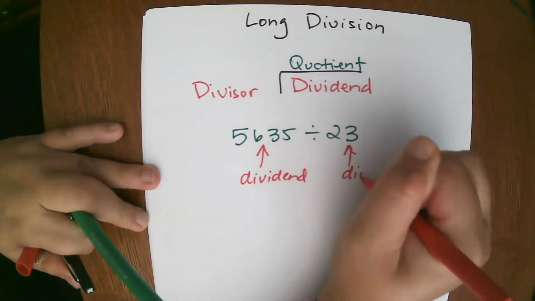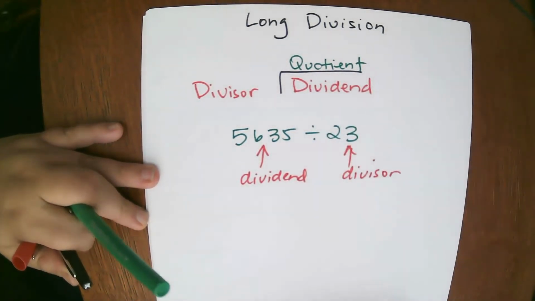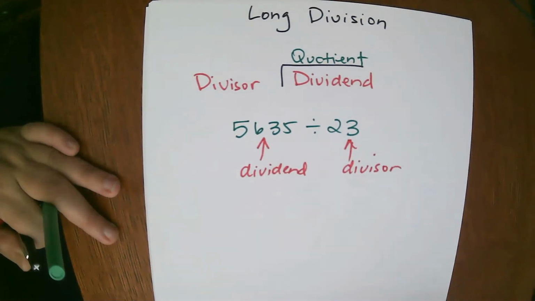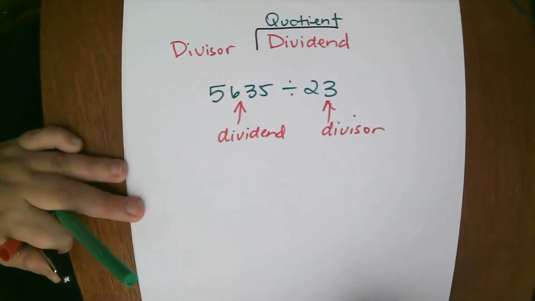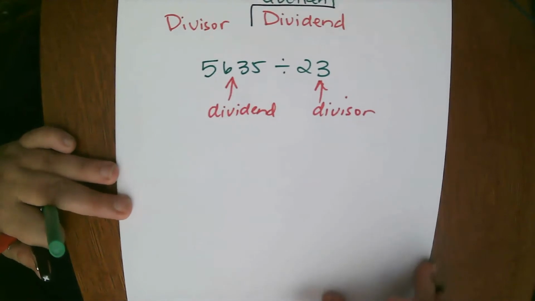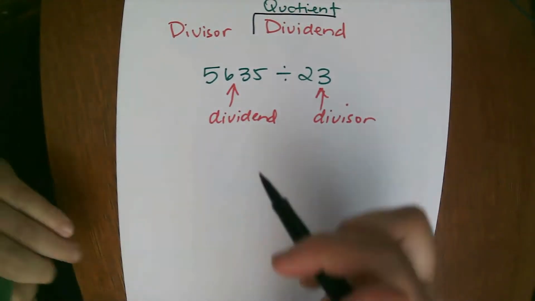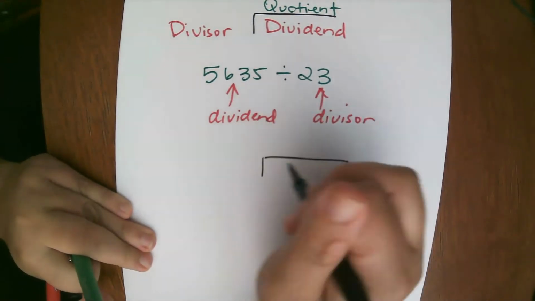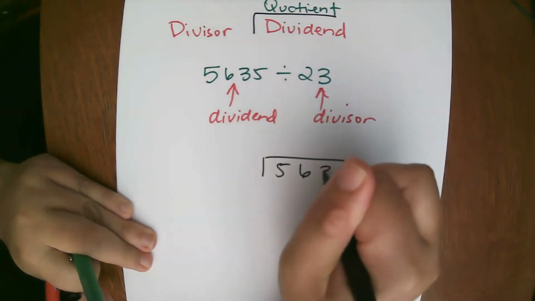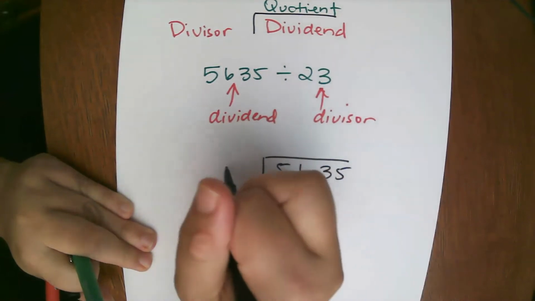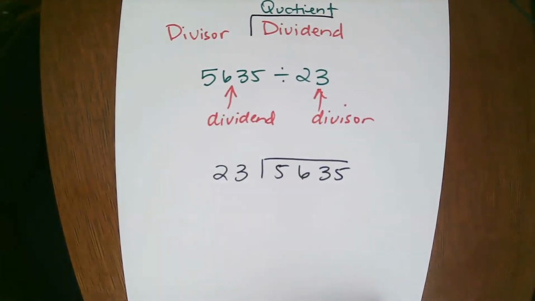And then the second number is going to be your divisor. And of course your answer is the quotient. So let's go ahead and work this out. My first number is my dividend, and my second number is my divisor.